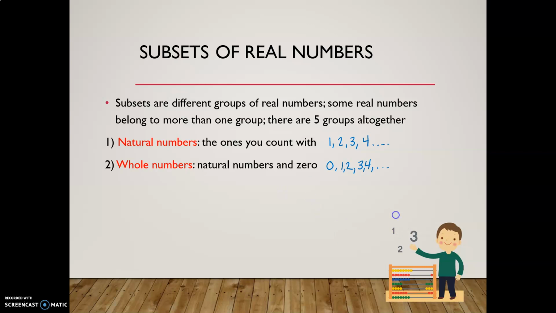Next we have the integers. Integers are the naturals, going back to the base that we've got there: 1, 2, 3, 4, and 0, but it's also got the opposites of the naturals.